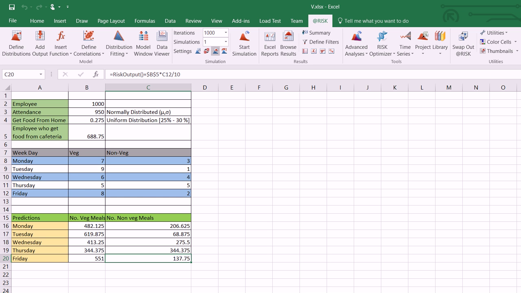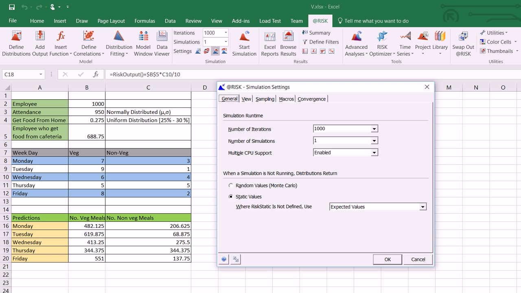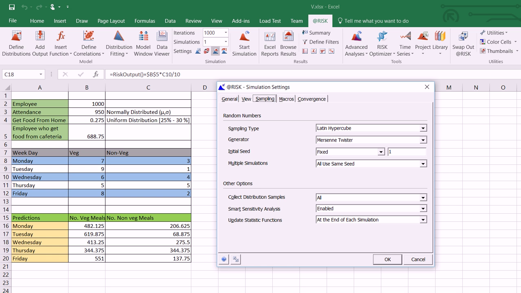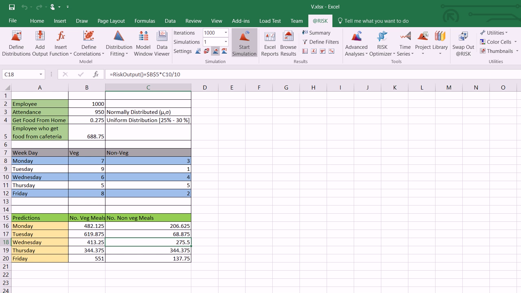So with @Risk we are going to get all the outputs, and then we start. Let's just check the simulation settings. The seed is fixed, and the initial value is 1. Yep, you're all set. Let's start simulating.